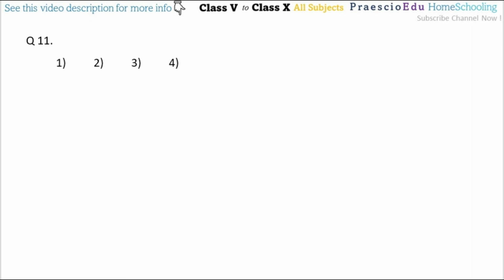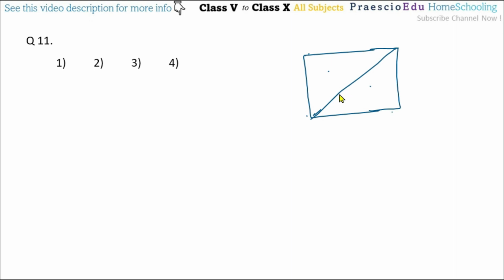Then question number 11, a triangle has 3 vertices. If a quadrilateral is formed by joining 2 triangles, suppose this is a quadrilateral, any quadrilateral, it is made by these 2 different triangles. This triangle has these 3 vertices, and this triangle has these 3 vertices.